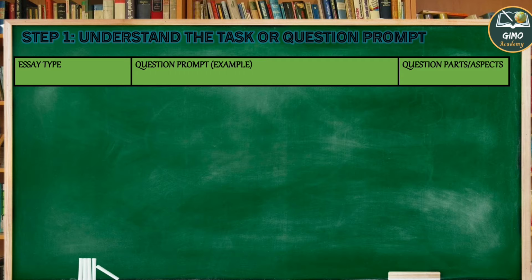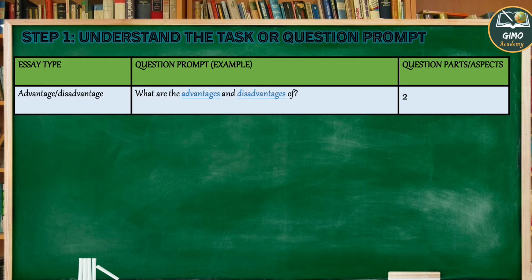Let's start with the first type of essay. We have the so-called advantage and disadvantage essay. In this kind of essay, you're going to find the following kind of prompt. What are the advantages and disadvantages of a situation, an event?